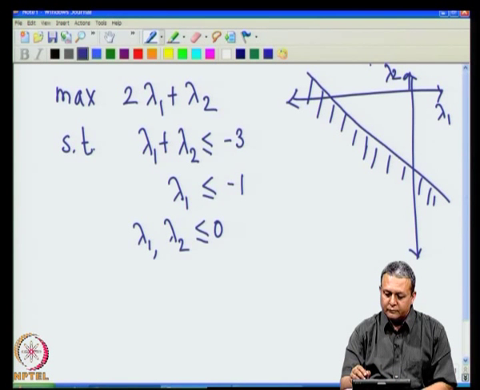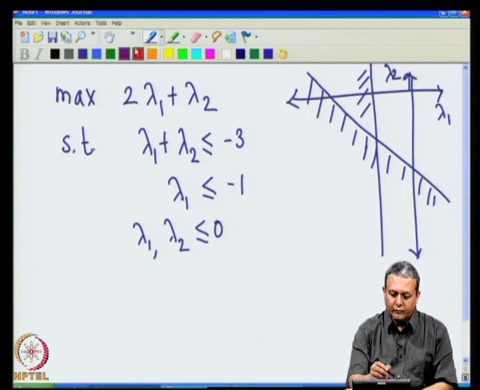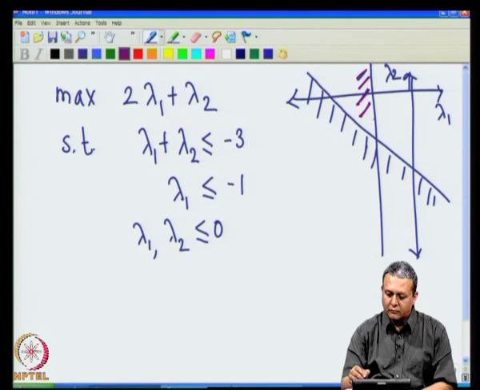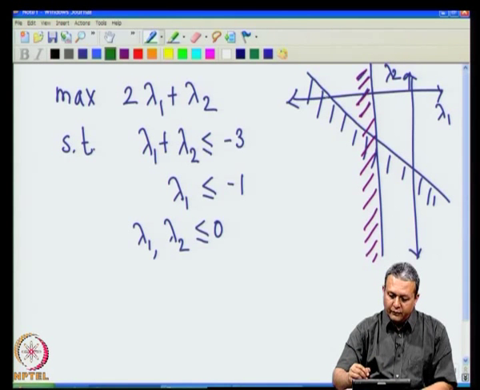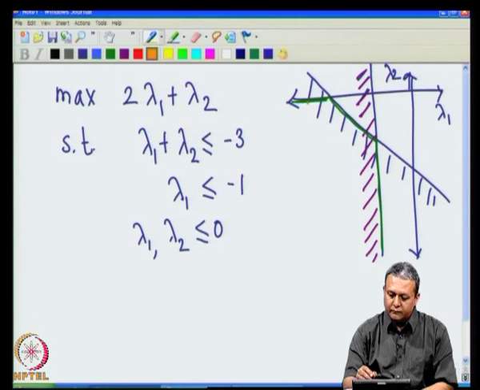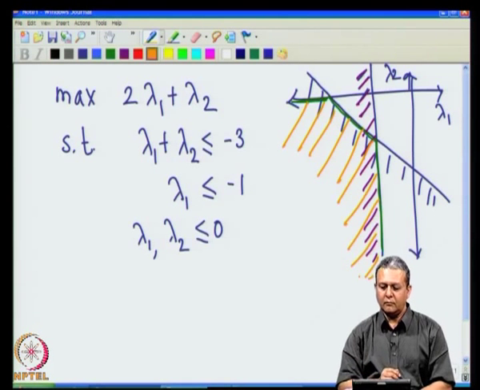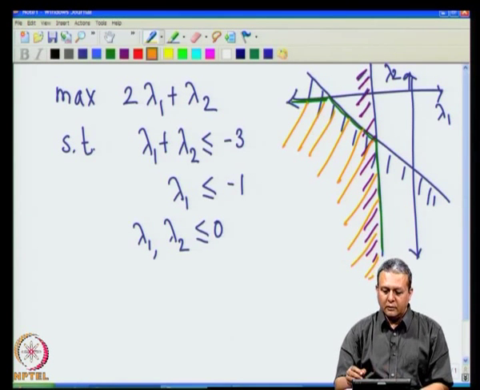It is the region shown here. Now, if we take the intersection of these two, the feasible region will be like this.